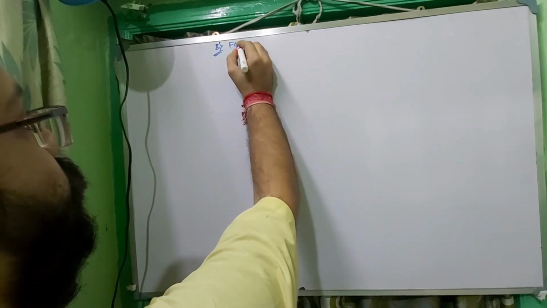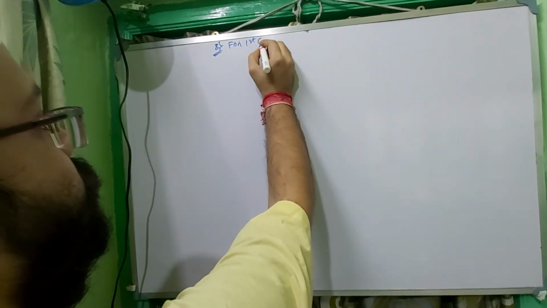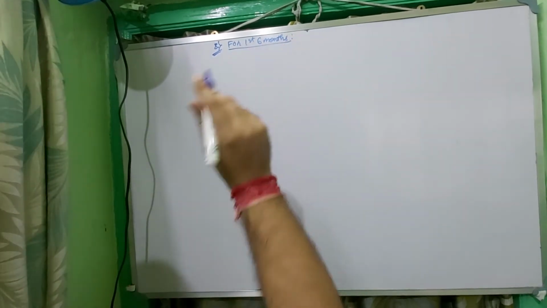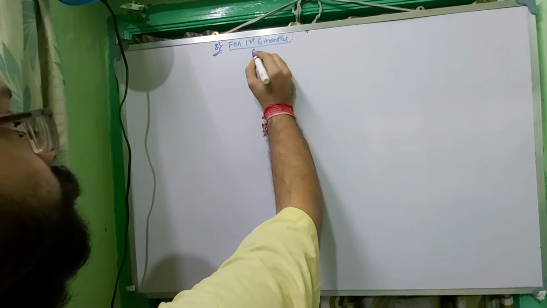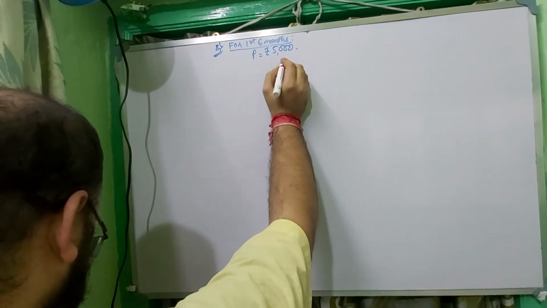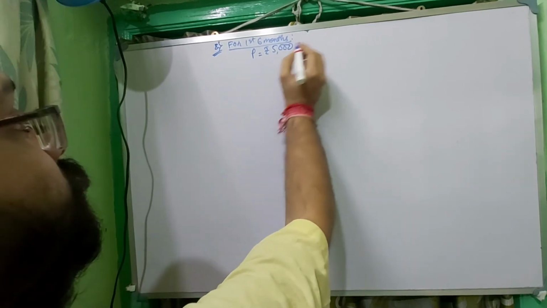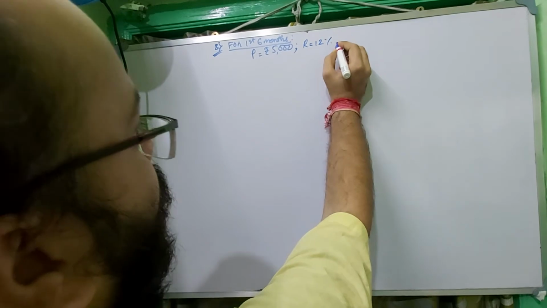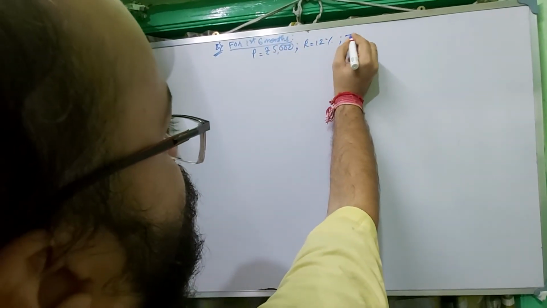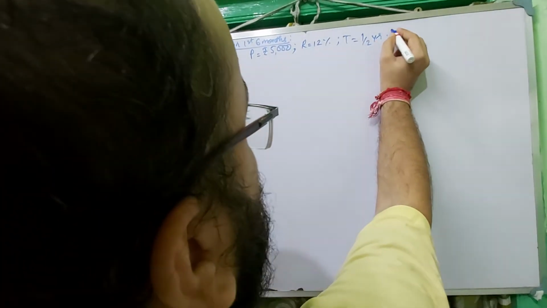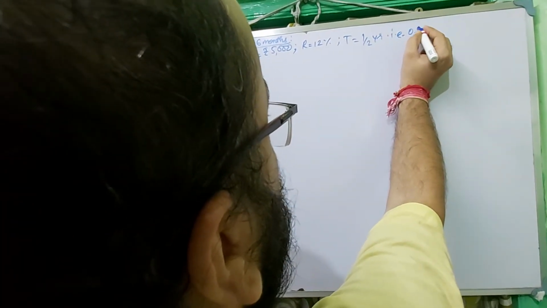For the first 6 months, the principal is rupees 5,000. Rate of interest is 12%. As I am considering 6 months, time is half year, that is 0.50.